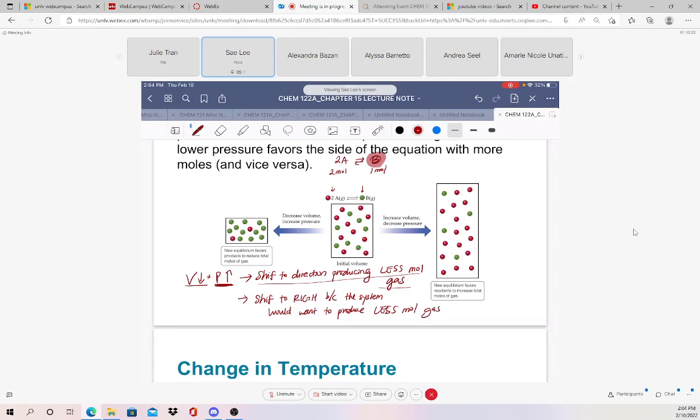If the reaction shifts to this side, you will only create 1 mole of gas versus 2 mole of gas.